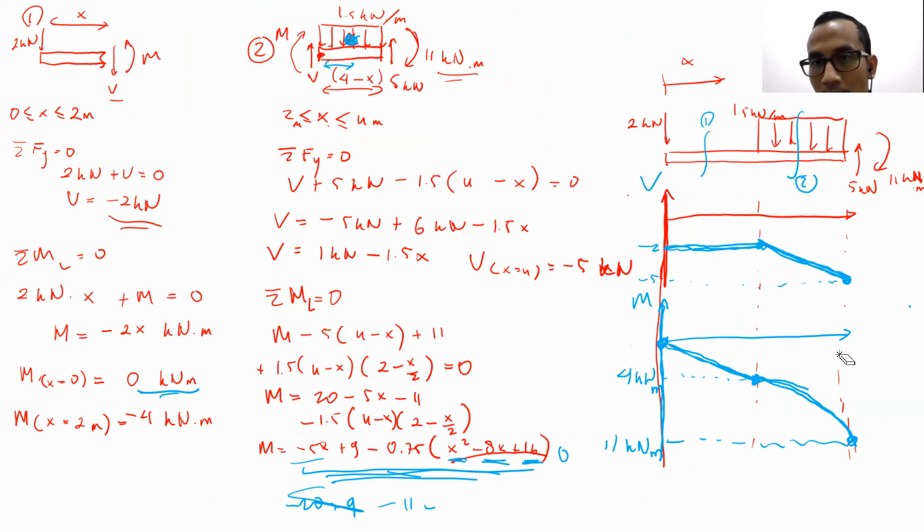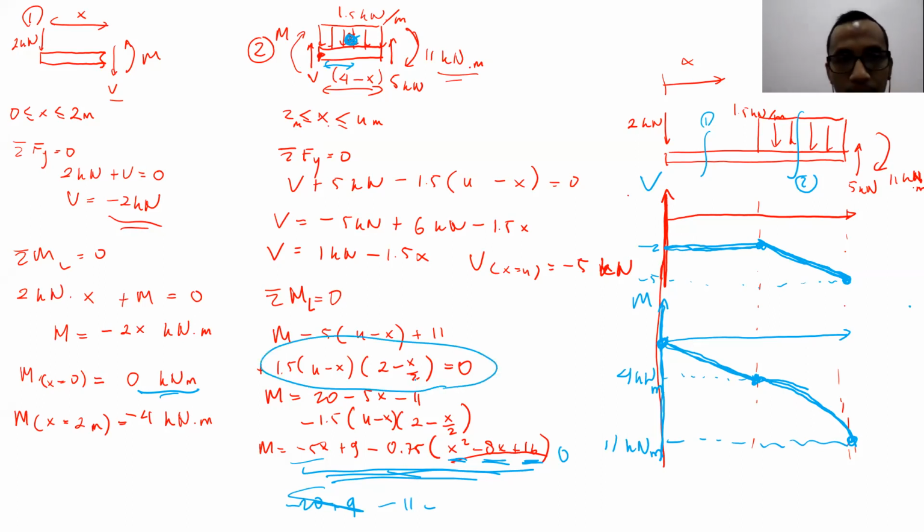In the moment, there is the 1.5 kilonewton distributed force. For the distance, what should we put in there? You put 1.5 times (4 minus x) times (2 minus x) over 2. Okay, so this particular problem, why I do it that way. After this, I will explain to you.